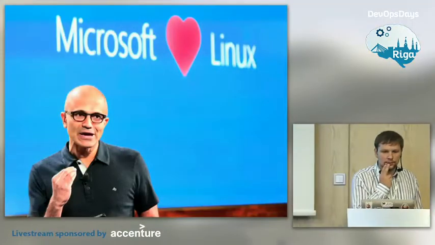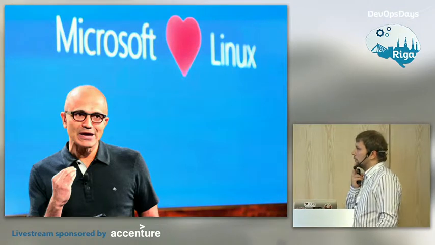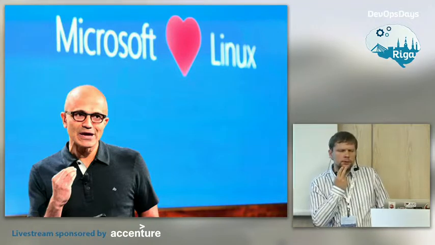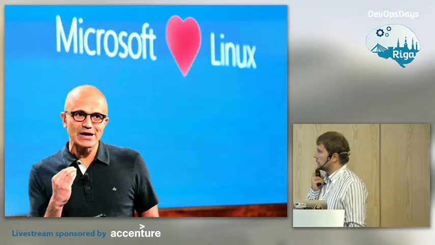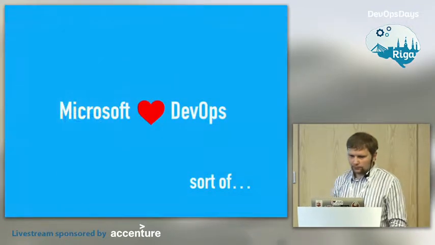And then I found this picture. That's the Microsoft CEO showing a slide that says Microsoft loves Linux. Furthermore, I've spoken to some guys from Microsoft, and they are saying that they all run Linux. So something is changing in this world, right?